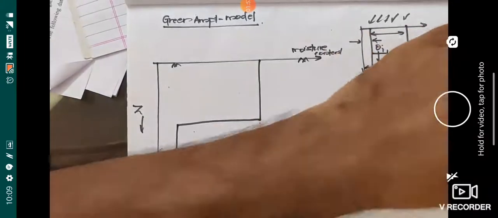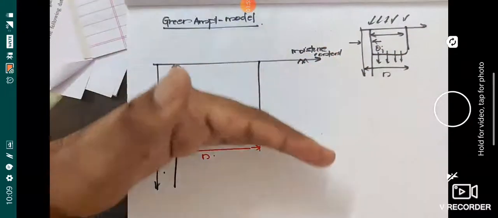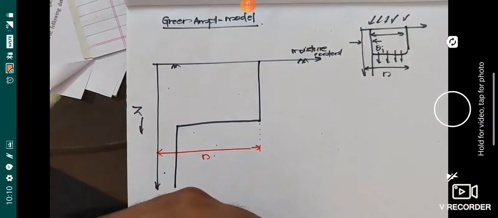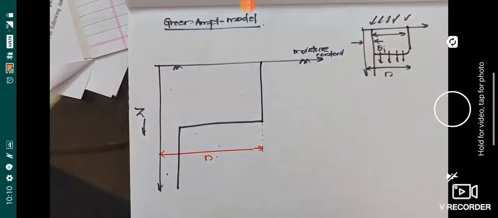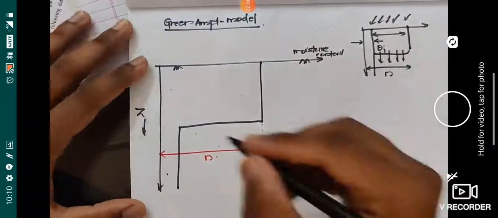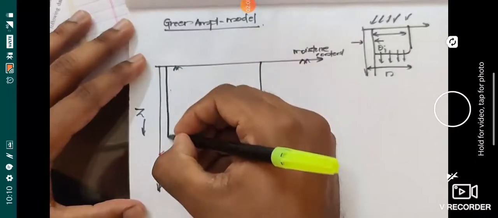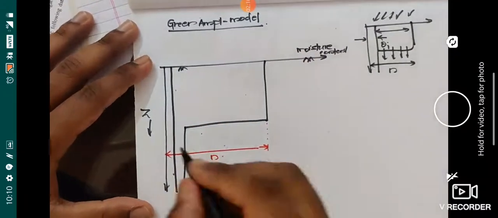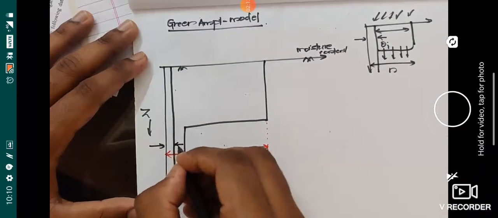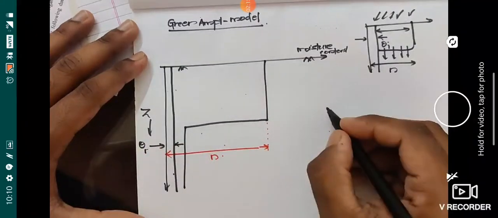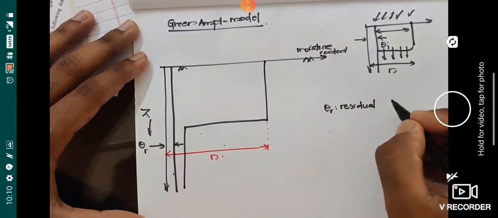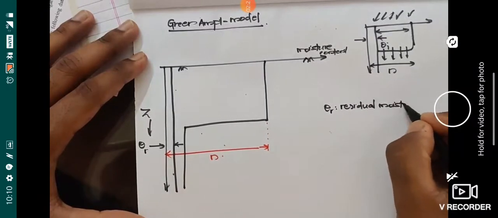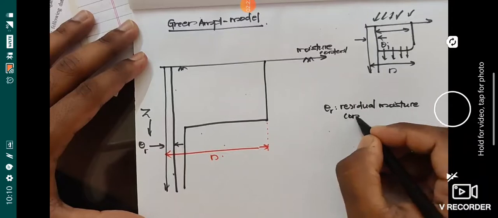And after rainfall, this water will be draining and going down, but the entire water cannot be removed. Remember, the entire water cannot be removed from there. Some small amount of water will remain, and that content of water is called the residual moisture content. So theta r is the residual moisture content.